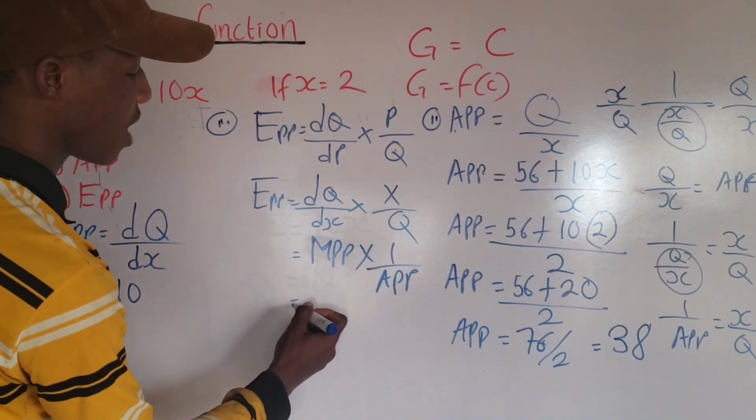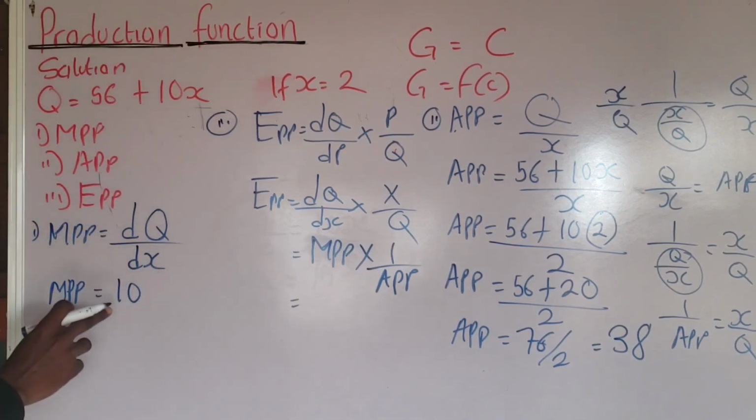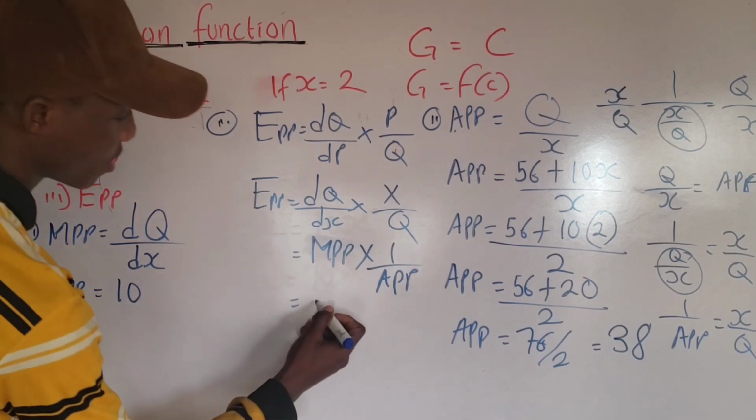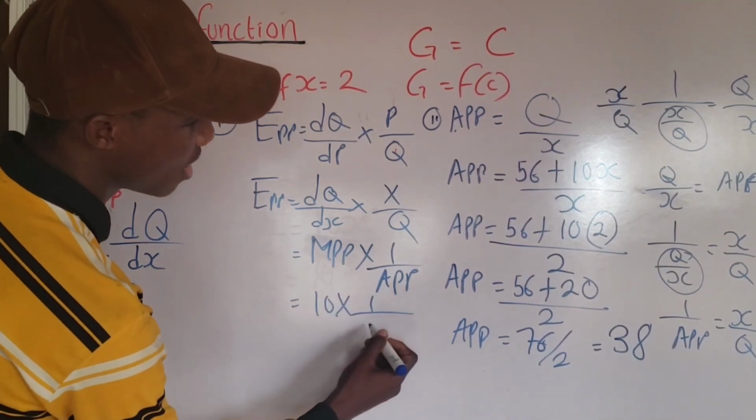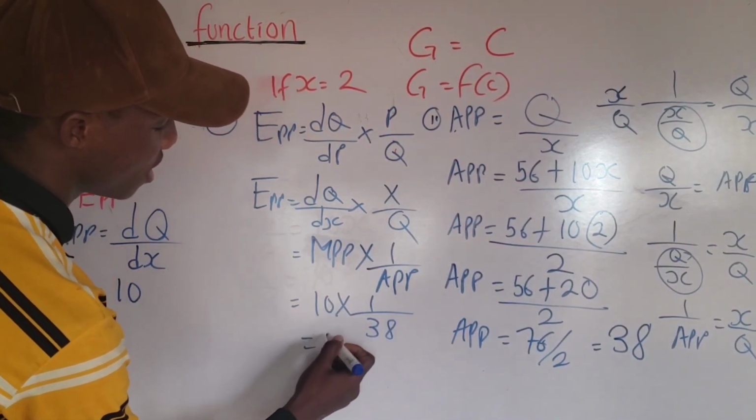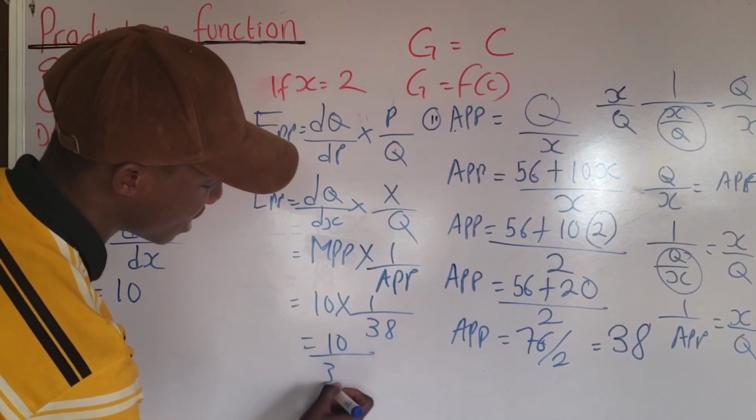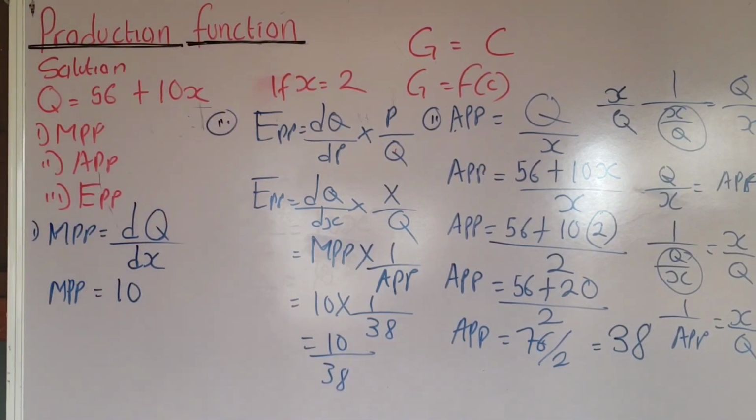That means I'm going to have MPP multiplied by 1 over APP. MPP is 10, so I'm going to have 10 multiplied by 1 over 38. So here I'm going to have 10 all over 38. Please, do you understand how I got here? Now, the next step is that you just have to punch your calculator. 10 divided by 38 is 0.26.